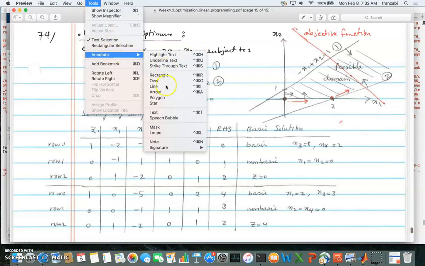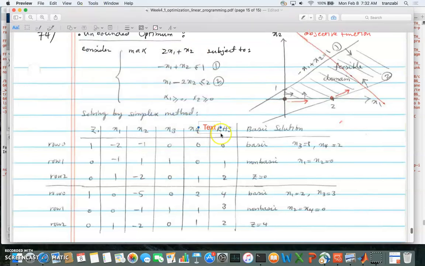So if I want to be more clear on this, then I rewrite this objective function as follows. You can say z is equal to 2x1 minus x2. I can move my x2 to the left and everything to the right.